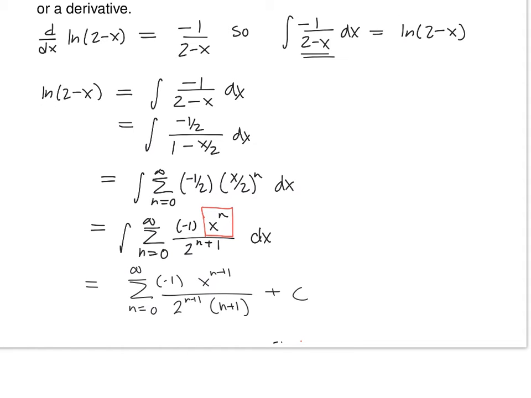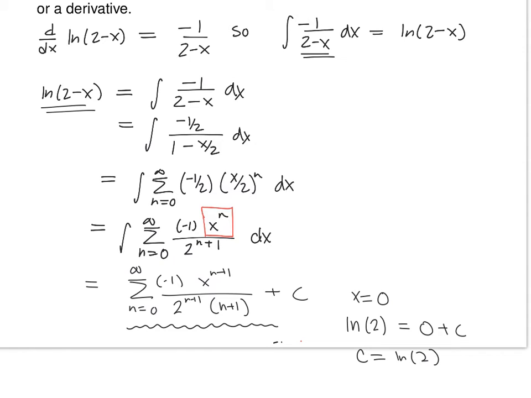And since you know that this function has to equal this series, you can use that information to get what c is. If you input x equals 0, on the left side we get ln of 2. On the right side we get 0 plus c. Therefore c must equal ln of 2.